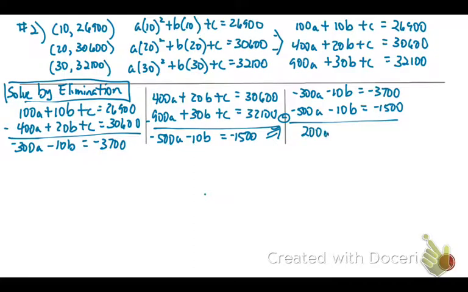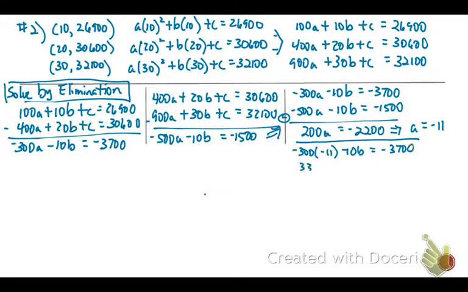So I'll end up with 200a equals negative 2,200, and a equals negative 11. Now I stay in that same system, and I choose the first equation. I plug in negative 11 for a, and I solve for b. So b will equal 700.